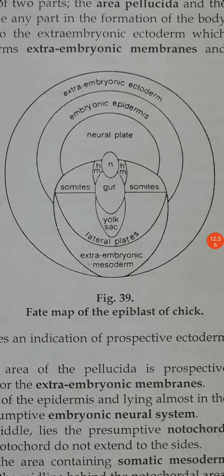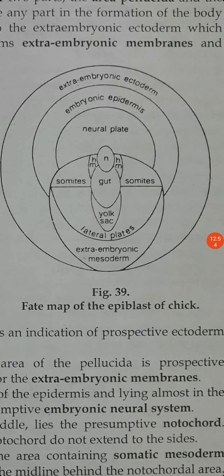Here the yolk sac, gut, the central part develops into gut. In the upper side we can see extraembryonic ectoderm, below embryonic epidermis, neural plate, gut, somites, yolk sac, lateral plates, and extraembryonic mesoderm.